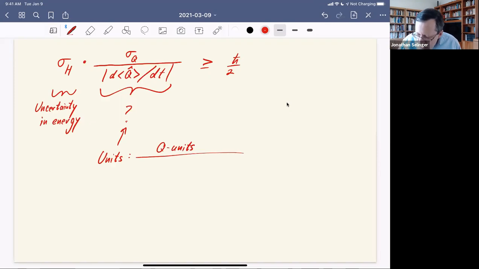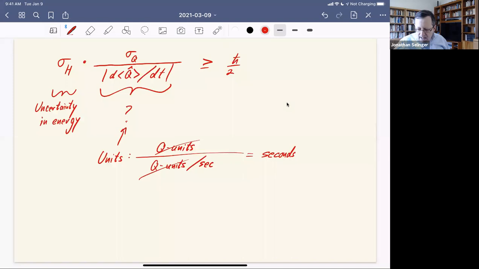In the denominator, it's the time rate of change of Q, which is in Q units per second. So if you take the ratio, the Q units cancel and we get seconds. Whatever this thing is, it has units of time. It's a time.